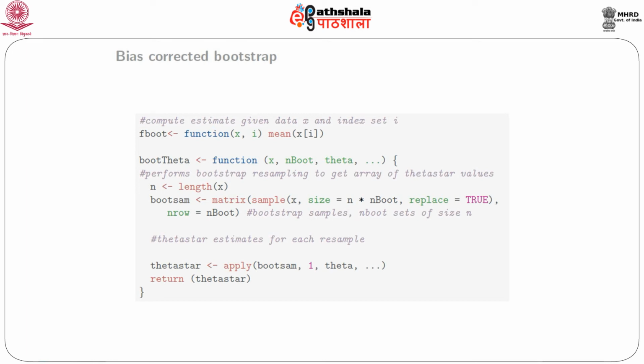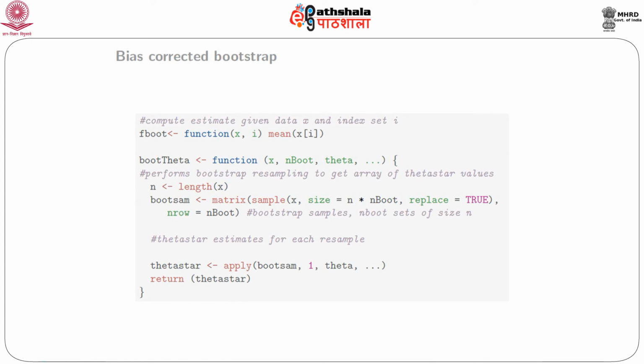The idea of this boot theta function is to perform bootstrap resampling to get an array of theta star values. We start with the length of x and store it in n, and then create a matrix which has n boot sets of size n. Here n boot is the number of bootstrap repetitions. The bootstrap stores, in a matrix format, samples from x of size n times n boot, with replace equal to true and nrow equal to n boot.